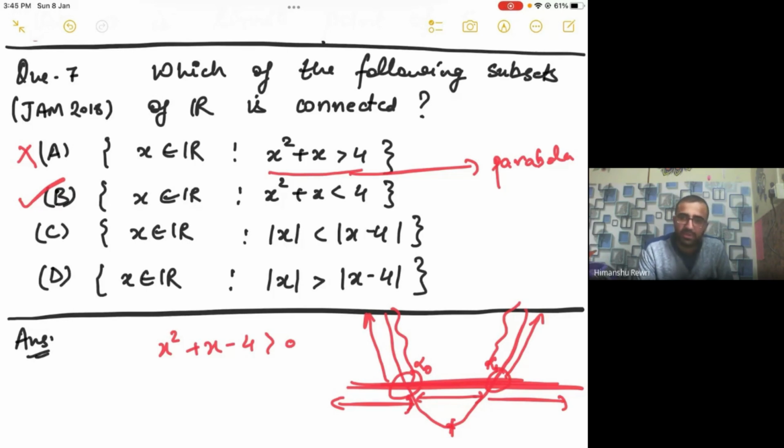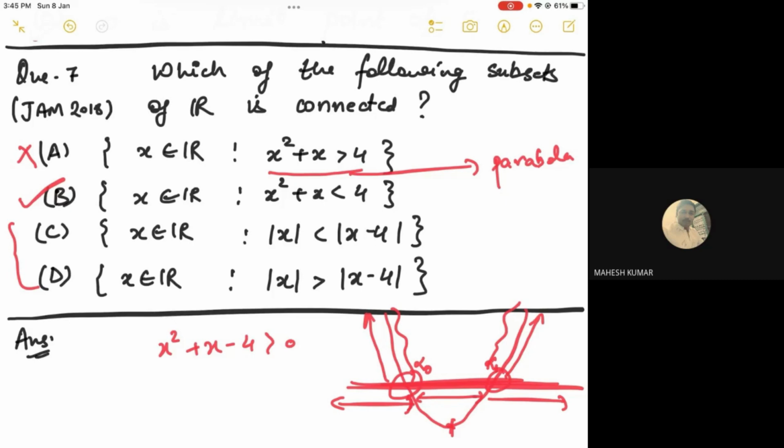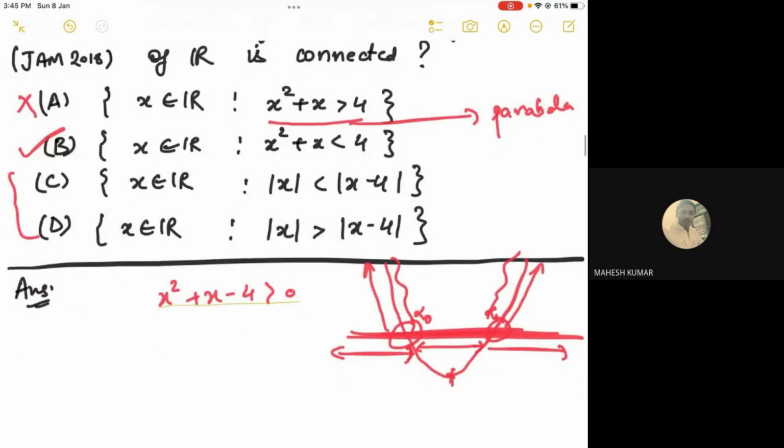The graphical approach and the sign diagram will give the same answer, but it may save your time. Okay, what about options C and D? I think both are correct, because in case C there is the part x less than 2, which is minus infinity to 2, and in D the part is 2 to infinity. All of these are connected, I think.